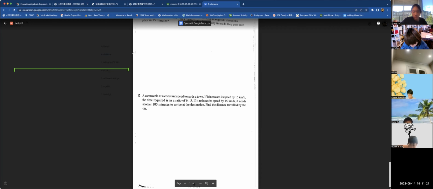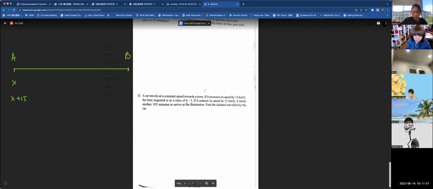It says the car travels at a constant speed towards a town, so it goes from A to B, right? If it increases its speed by 15, I don't know what the speed was before, but now it becomes x plus 15, right? The time required is in a ratio of 6 to 5.